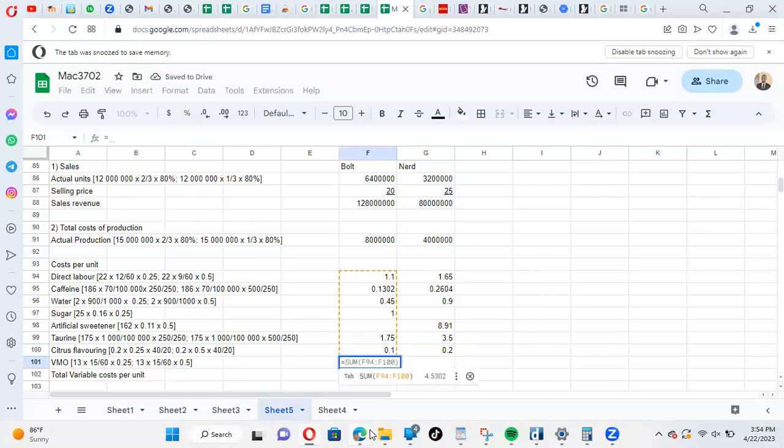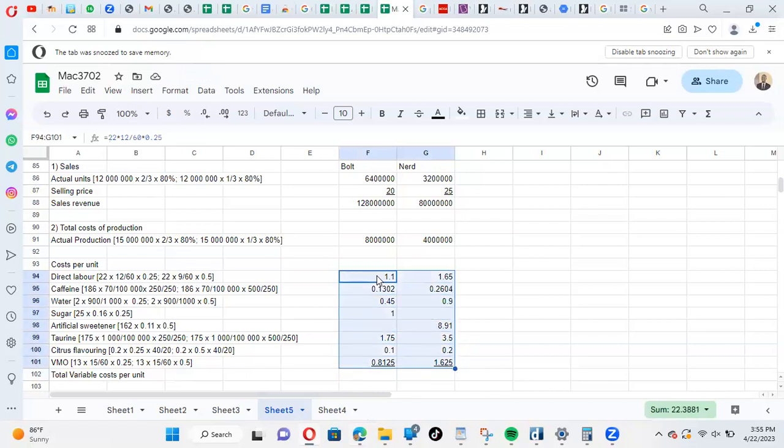Right, and then here 13 times 15 over 60 times 0.25. And then here it's 13 times 15 over 60 times 0.5. Now we have the variable cost per unit.